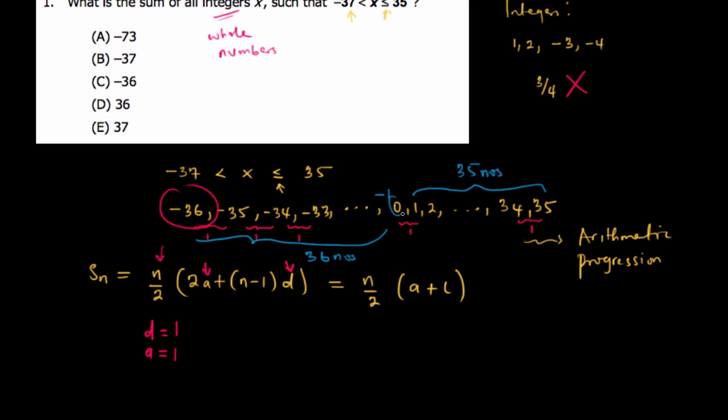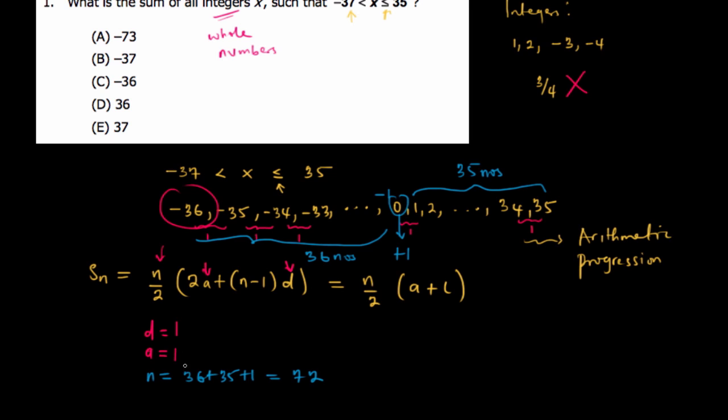And then when you include 0, this is going to be plus 1. So the total number of terms, that is our n, is going to be 36 plus 35 plus 1, and when we sum this up, this is going to give us 72.